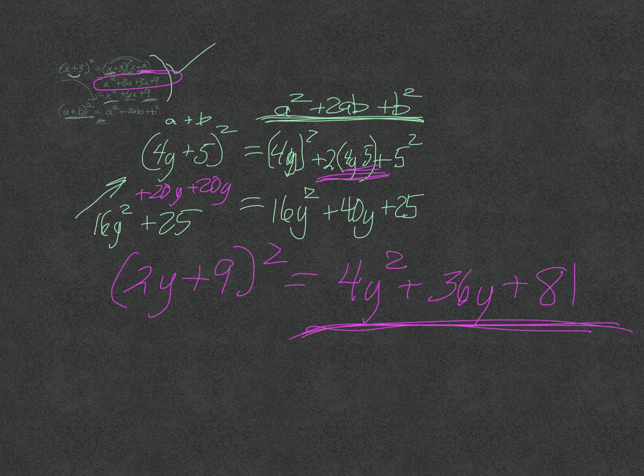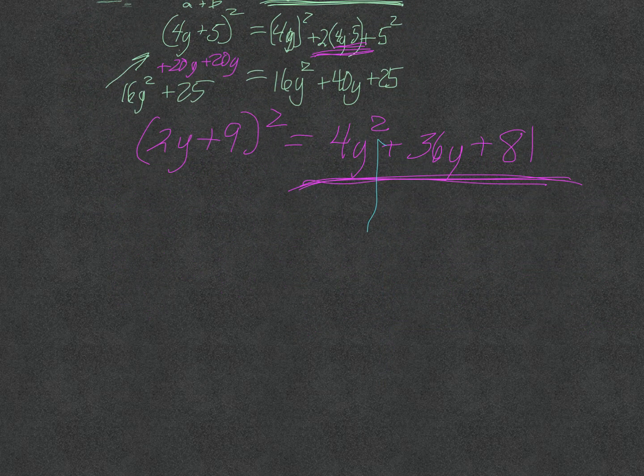Okay? Let me give you, should I do one with fractions? Yeah, we probably should. Let's try that. Here's a fraction one. Let's go with 3y plus 1/4 squared. So that I recognize the pattern, a plus b squared, so it's going to be a squared plus 2ab plus b squared.